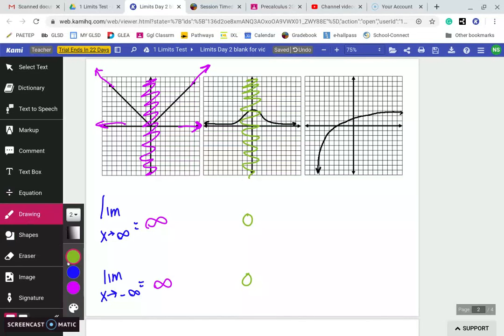Now they don't always have to match. I can see on this one, my two ends of my graph are doing two very different things. So as my graph goes to the right, it looks like it's leveling off here and it's going to stop at 3. But to the left, my y values are going way down and they're going to keep going down, down, down.